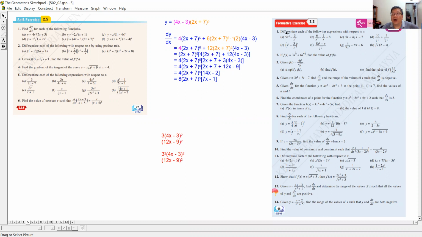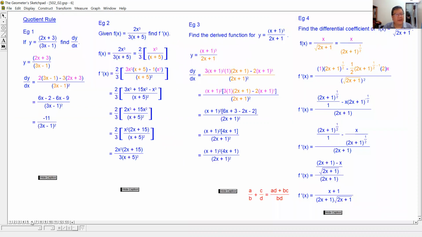After that, you have one whole week to do all this. Try as many as possible. If you cannot do it, you put it on the Telegram, then I will show you there. If you accumulate some questions, then I will show you on the first lesson the next week. Okay, so now we look at the quotient rule.